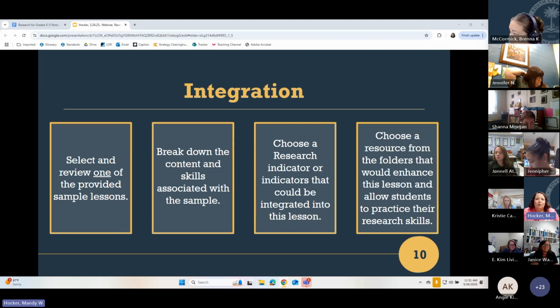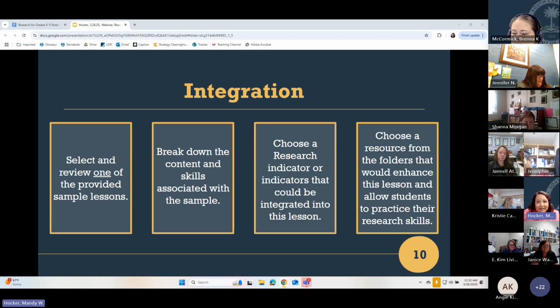Then compare that to the grade level indicator. How does it align to the grade level indicator? Are there any areas where you might need to supplement or shift instruction so that the grade level indicator is met? Or is there a place where you could add in one of those micros, minis, or macros that we just explored in order to support instruction for that lesson?